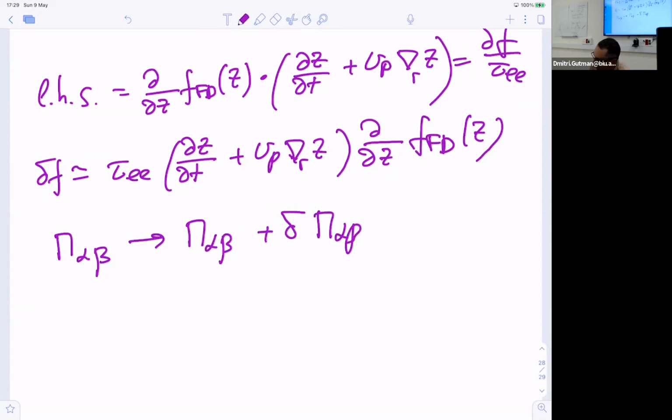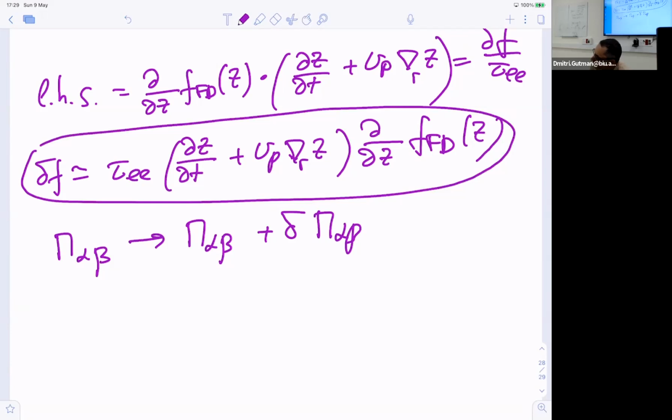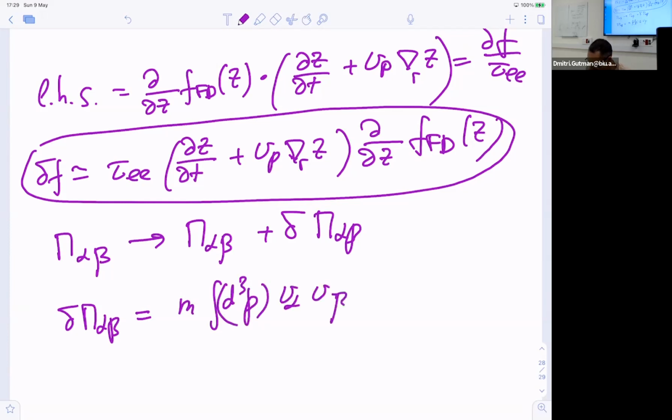Terms that were missed, terms that will be coming from delta F. And this thing is delta P alpha beta. If you remember, it was M integral d3p V alpha V beta times F of P. Now it will be delta F, the thing that we missed.